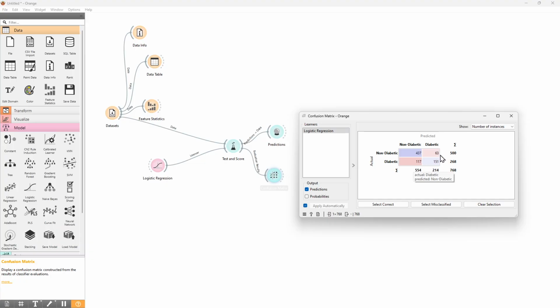Now, what about this one? The 63 people, for example, did not have diabetes, as you see, but they were identified as being diabetic. Now, yes, they got sad, they got anxious, etc. They maybe had to go through more tests, more examinations, etc. But probably there are more advanced tests after this, maybe more studies, more things to do, whatever they do, and then they will be identified as, hey, okay, at first we thought you have it, but no, actually you don't have it, so you're good, right?